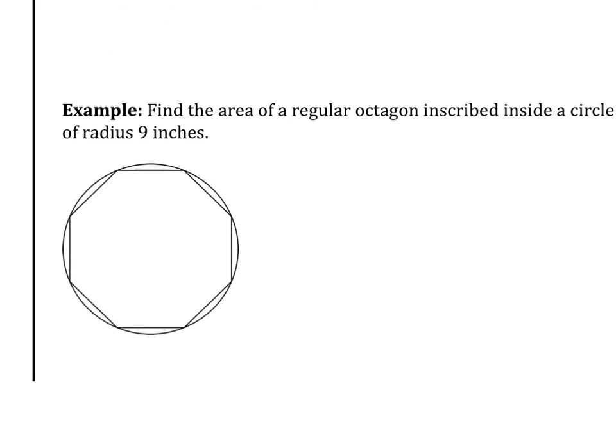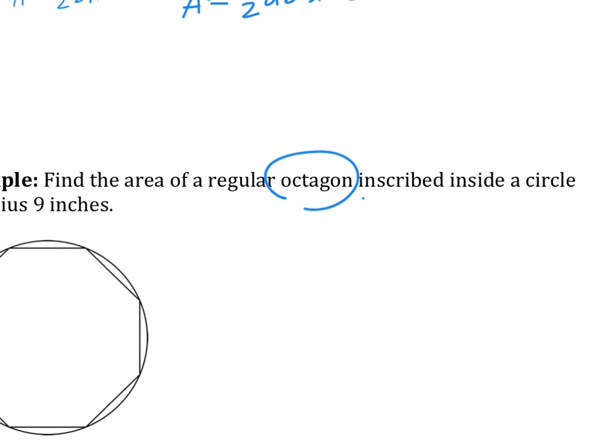Let's say that you're trying to find the area of a regular octagon. What does octagon mean? 8 sides. Inscribed inside a circle. What does inscribed mean? Think about geometry. Inscribed doesn't just mean that it's inside.